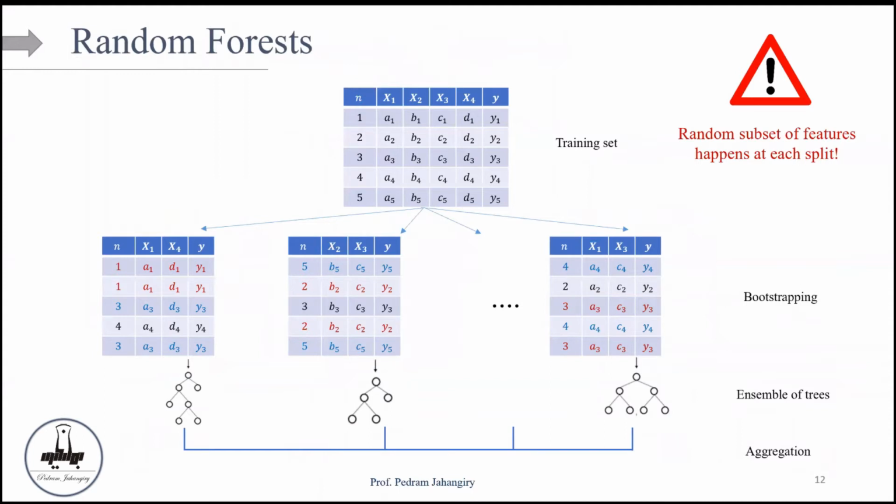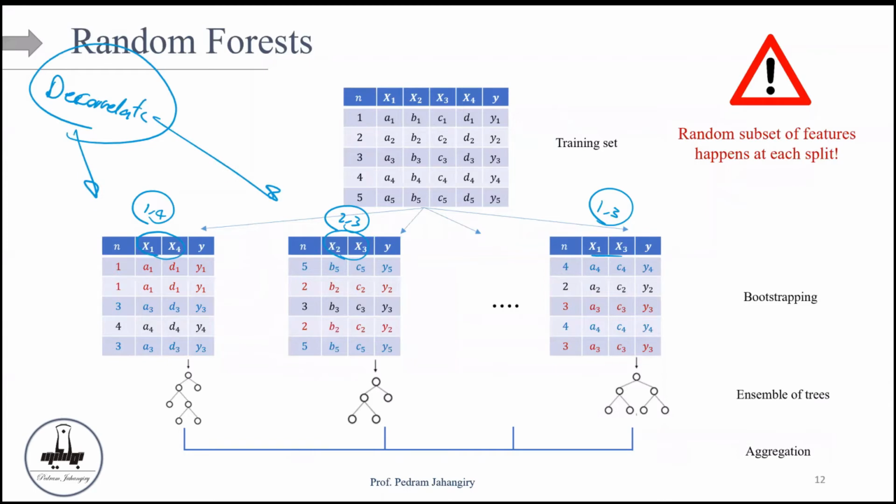It's going to work with a subset of features at each split. So instead of working with features 1, 2, 3, 4, here it's going to only work with 1 and 4. In this tree, only 2 and 3. This tree, only 1 and 3, right? And this way, it's going to decorrelate these trees. And we know that if we decorrelate the trees, it's going to reduce the model variance even further compared to bagging, right?